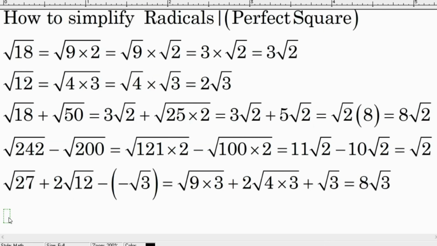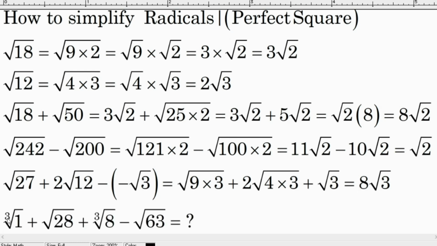Okay, so now we have already practiced some questions. And in this video, we are going to finish from here. But before we finish this video, I want to give you a question to practice, which is here: cube root of 1 plus square root of 28 plus cube root of 8 minus square root of 63.